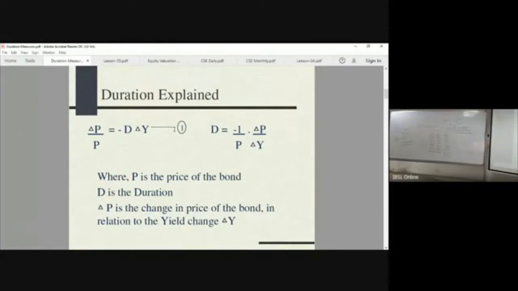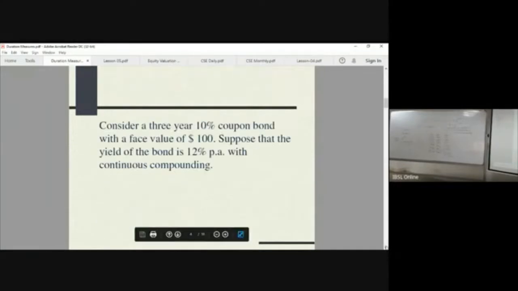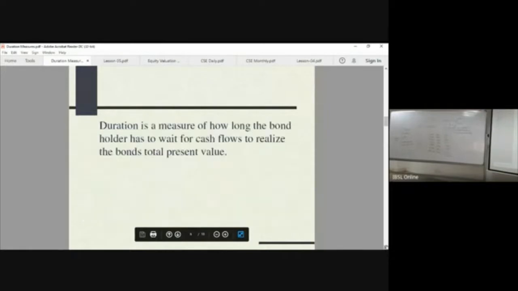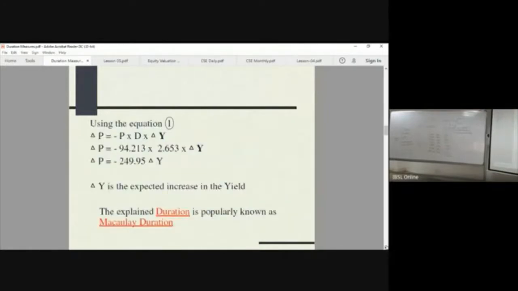Now I think this slide show also has an exercise. Right, now you look at this. Using the equation, the price of the bond is 94.213 as per the earlier one, and its duration is 2.653 and delta y.